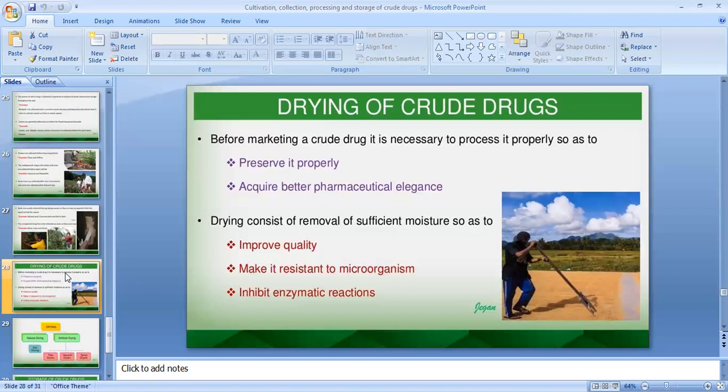It reduces the microbial growth in crude drugs, and we can store the crude drugs for a very long time if the crude drugs are dried. And this is the picture. The crops are dried in the sun.